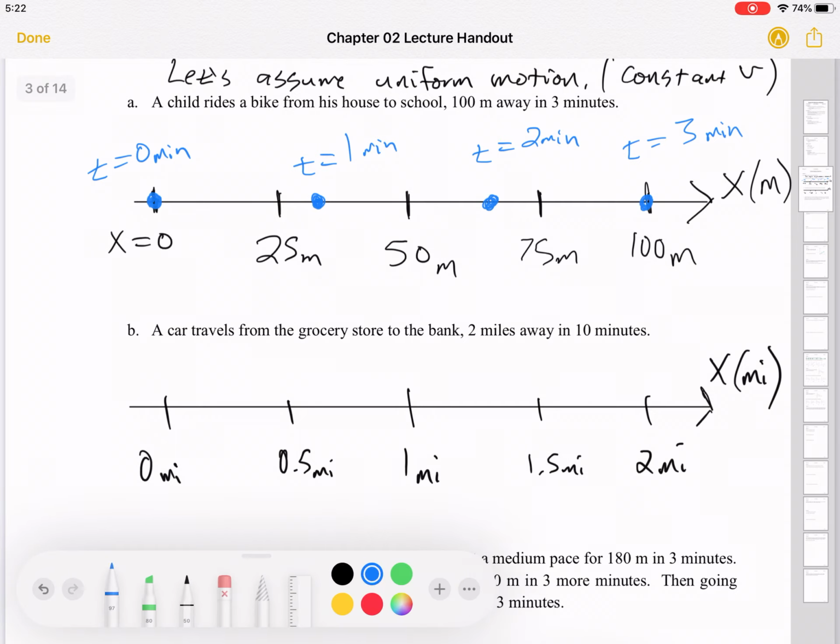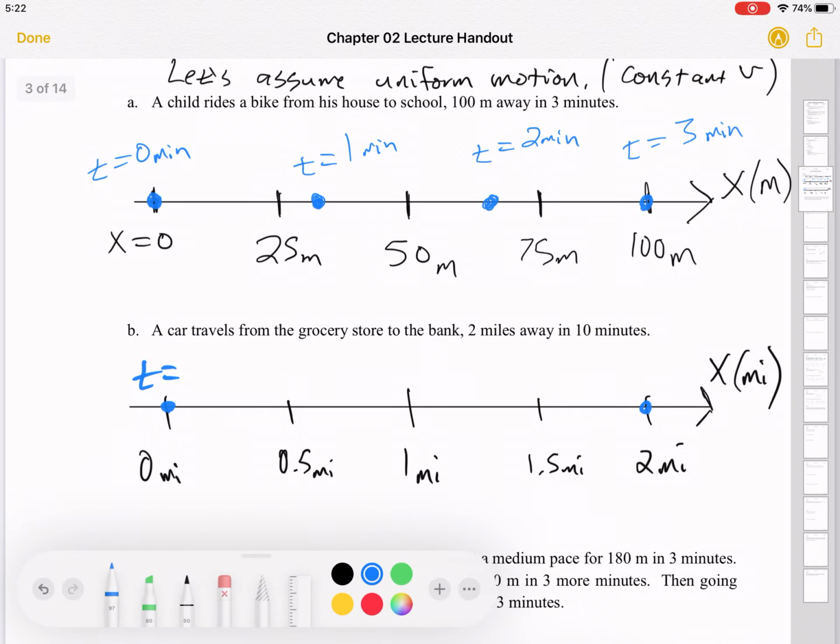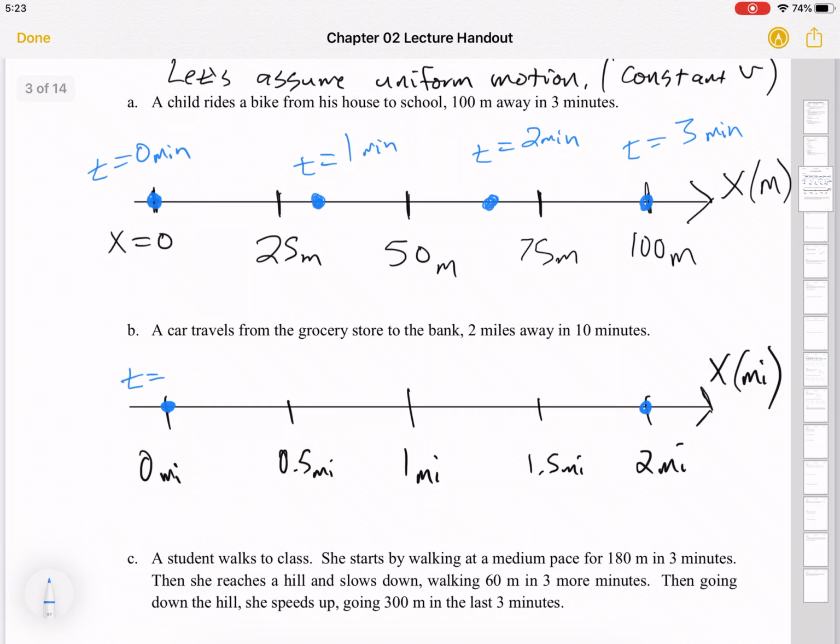Again, let's assume that we're starting at the origin. And we're going to end up here in 10 minutes. We could mark every minute, right? So this is t equals 0 minutes. This will be t equals 10 minutes.